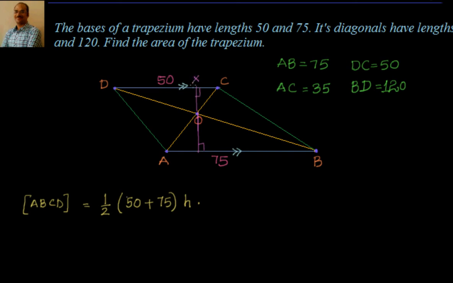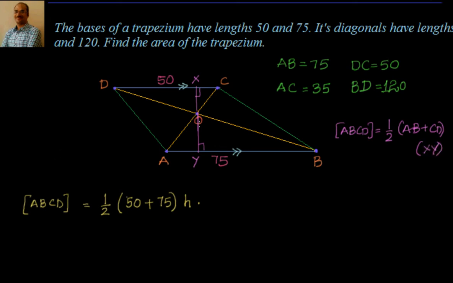Let us say this is X and this is Y. So the area of ABCD is equal to half into AB plus CD into XY.